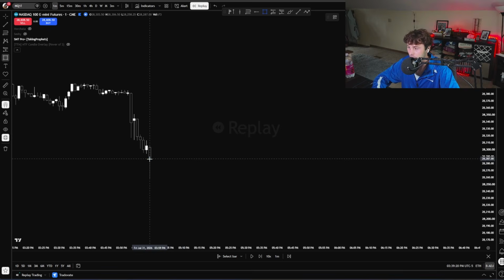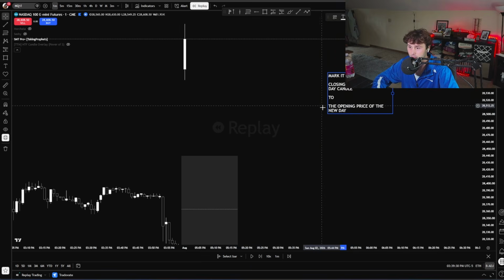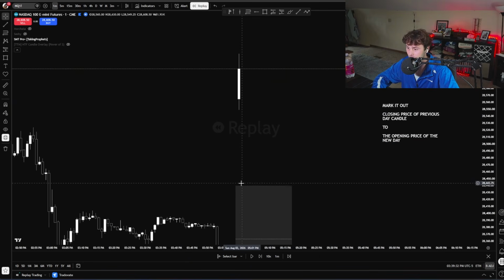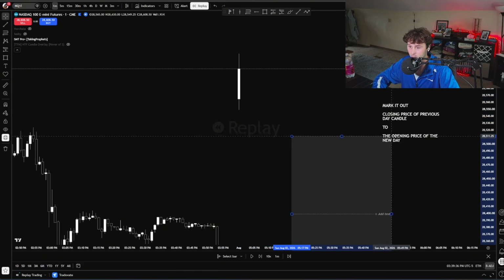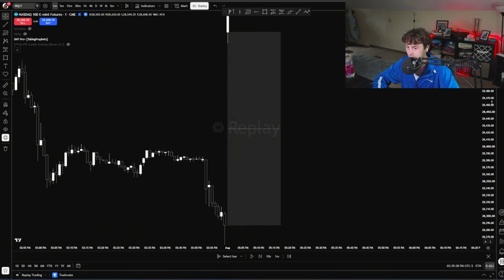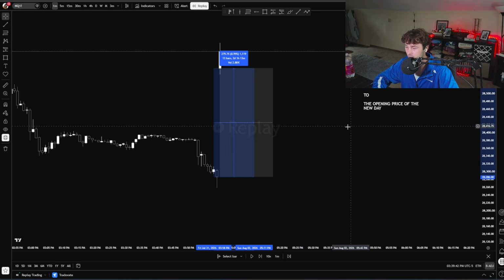Price closed right here. So you're marking the closing price, right? You don't mark the top of the candle because it's a bearish candle and it closed right here. So you mark this low to the opening price of the new day. So you're not going to mark it to the high of this candle because that's where it closes. You're marking it to the opening price, right? So right here. So now this is our new week opening gap from the close to the open, okay?